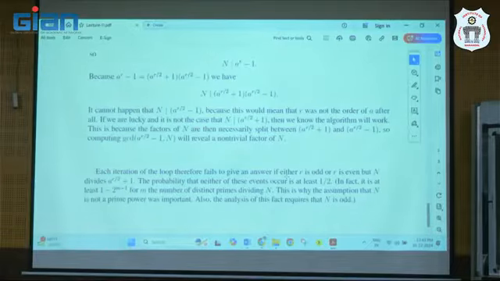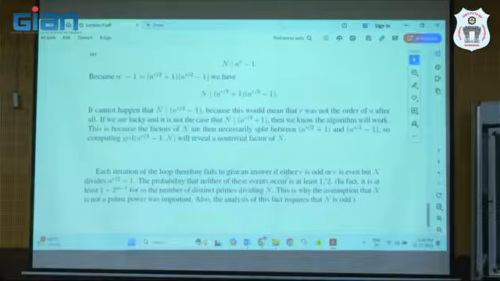Correct? If m is at least 2, this is at least half. Agreed? Because if m is 1, then this will become 0. So that's why we want m to be at least 2. That's why we are assuming it is not a prime power.